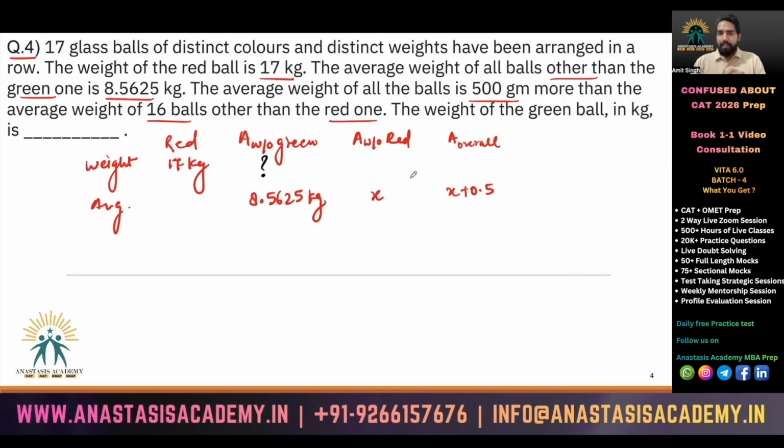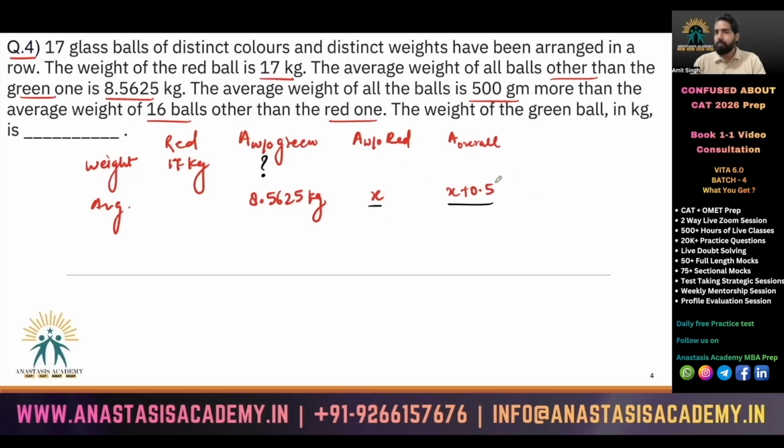Now, let's look at these two, average without red and overall average. Can you see? We can just find the value of X orally. And how does that happen? We have average without red as X, and average overall as X plus 0.5. So when all the balls were there, the average weight per ball was X plus 0.5, right?